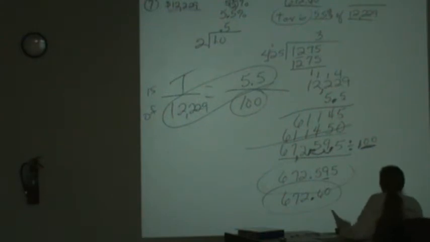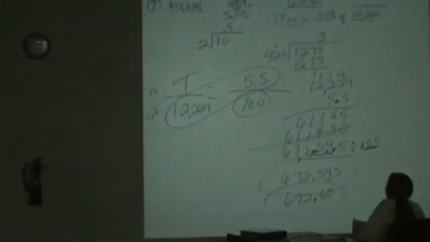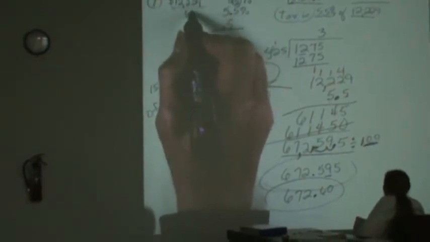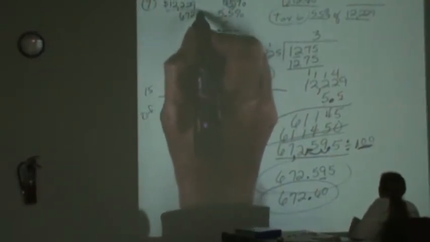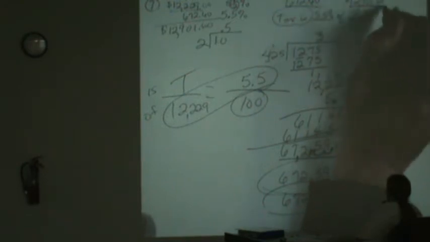Okay, the total amount of your sale, the total cost, you have to add that to 12,229. 672.60, right? So your total sale is 12,901.60. Okay?